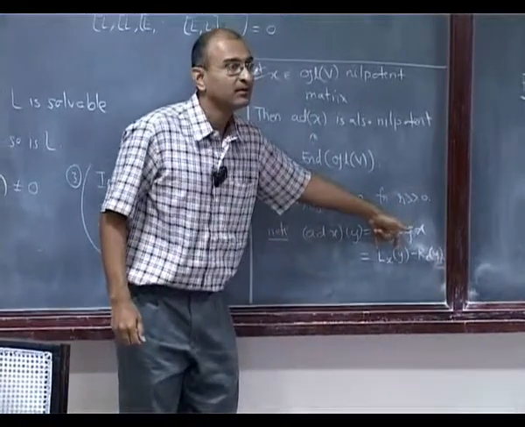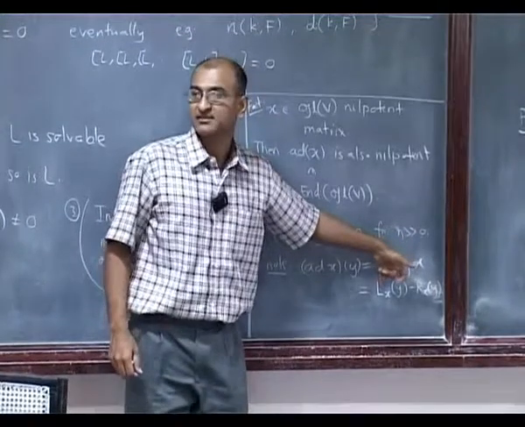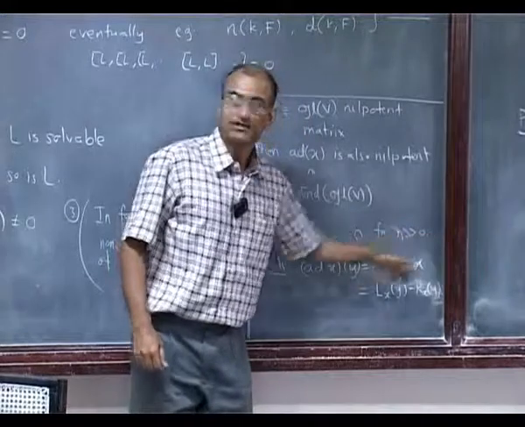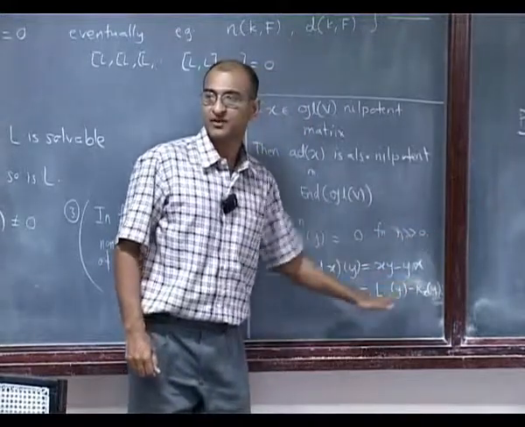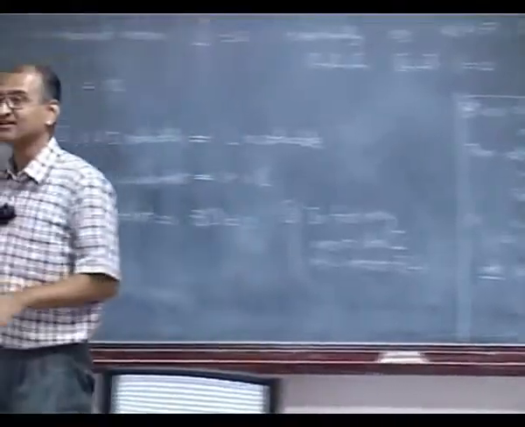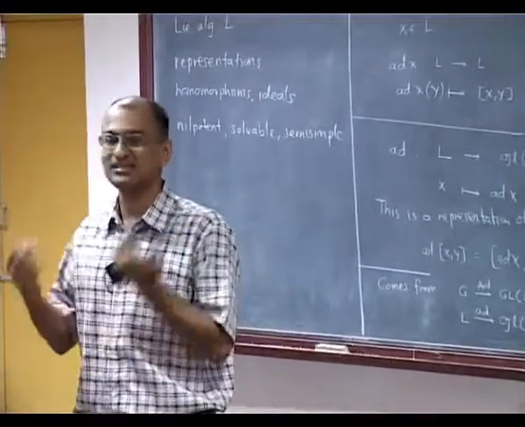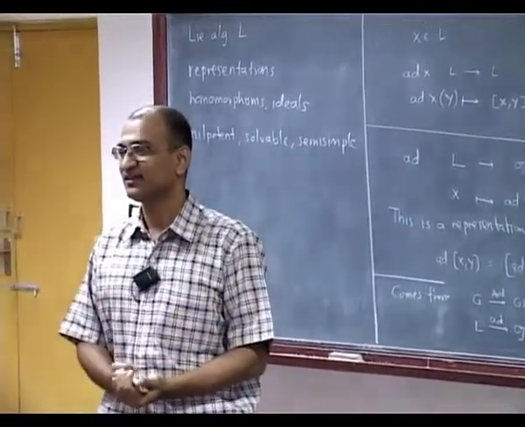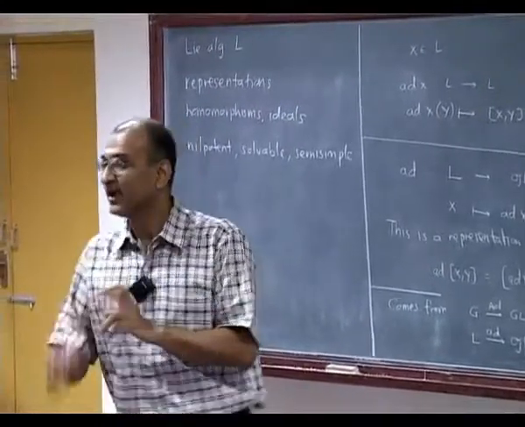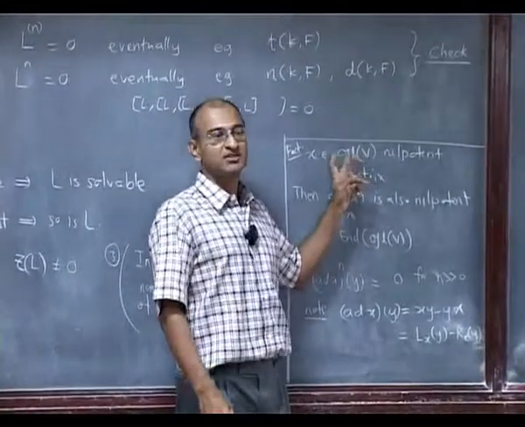This is an operator which says take something and multiply it on the left with x, and this is an operator which says multiply something on the right with x. You can do this whenever you have an algebra, right? And these operators commute with each other. The reason why these operators commute with each other is because the algebra is associative, right? When you write x, y, x in whichever fashion you like. And what is the algebra that we are talking about here? Not the Lie algebra, but just End V.